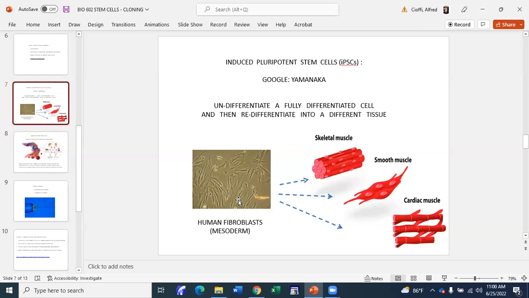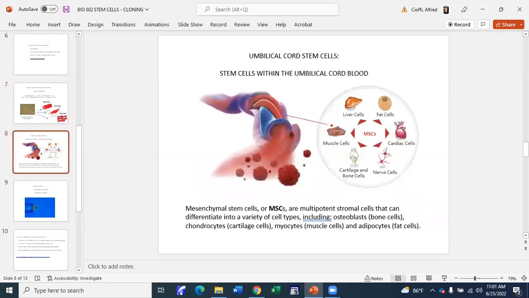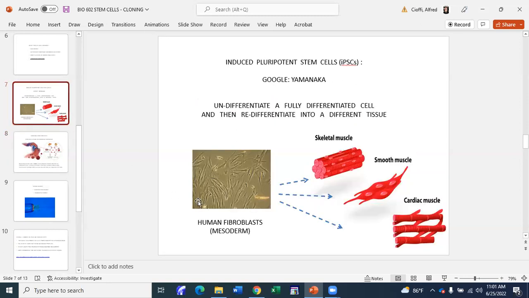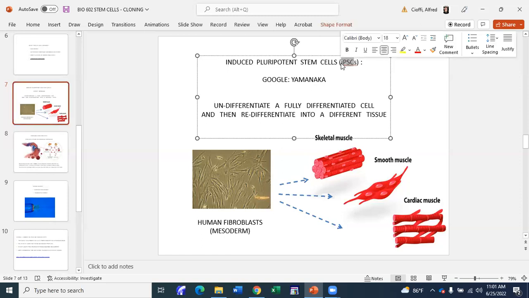Specifically, he used human fibroblasts, which are part of the mesoderm, the germ layer. And he got them to undifferentiate and then redifferentiate into the 3 different types of muscle, which are skeletal, smooth muscle, and cardiac muscle. He did that with fibroblasts. And so he was successful, and he was the inventor of what is now known as IPS.